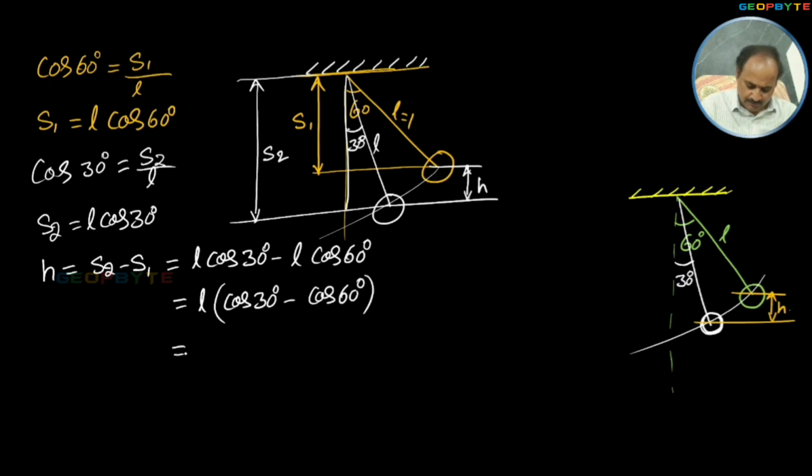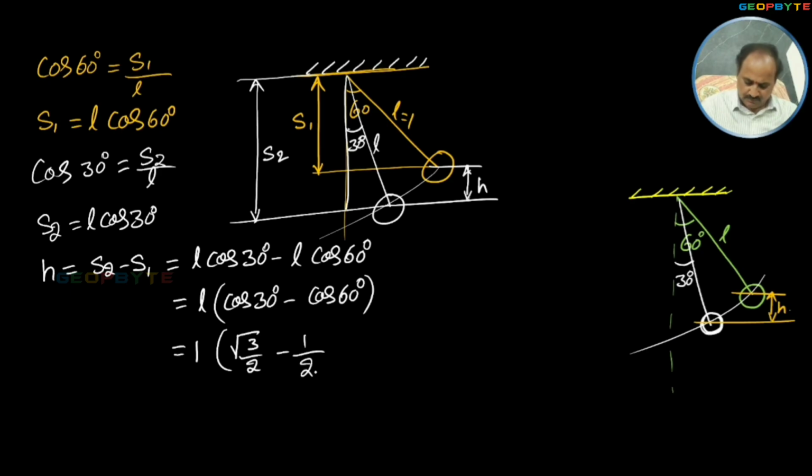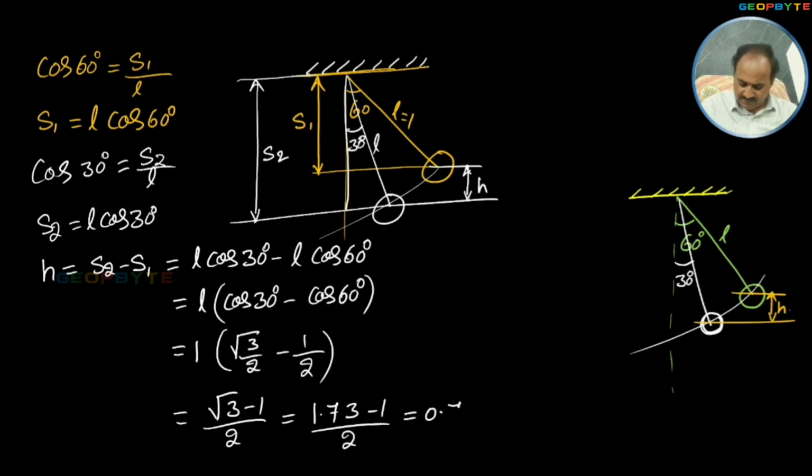L equals 1 meter, so 1 into root 3 by 2 minus 1 by 2, which is root 3 minus 1 by 2. Root 3 is 1.73, minus 1, divided by 2, equals 0.73 divided by 2, which is 0.36 meters.